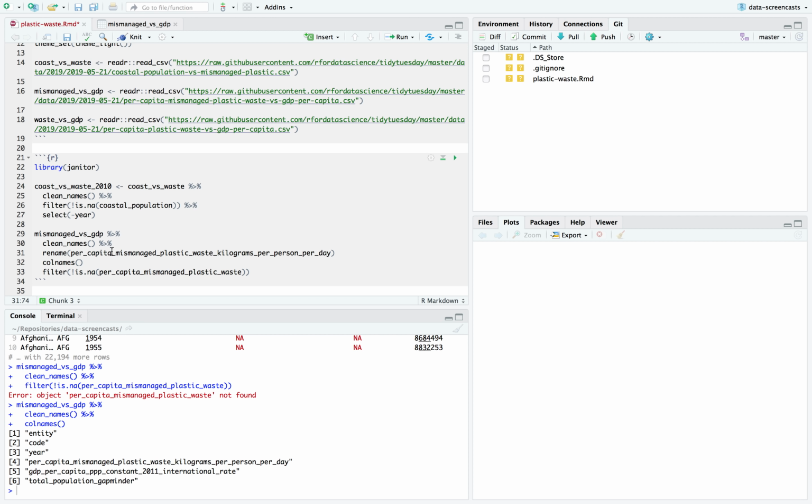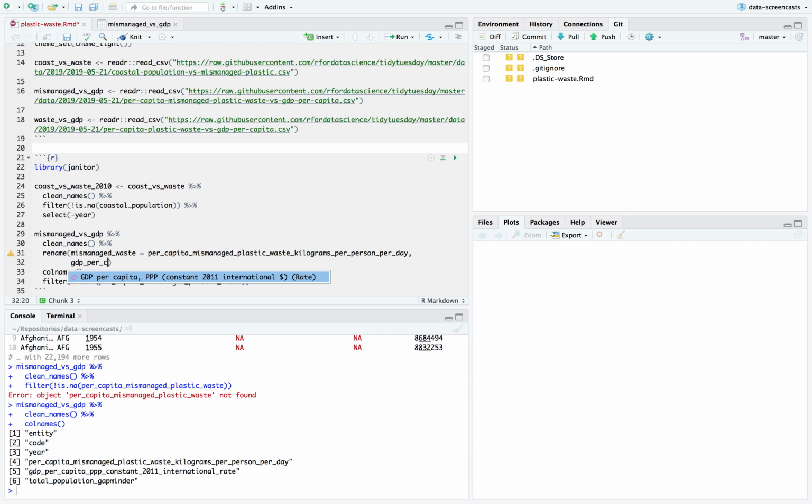I'm going to say mismanaged waste per... I'm not going to say kilograms per person per day. Also, per capita and per person is sort of redundant. I'm just going to say, let's see.